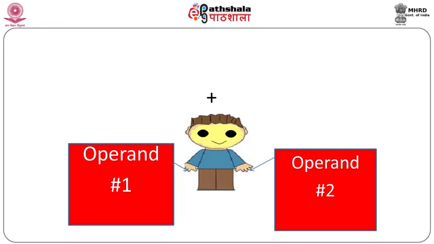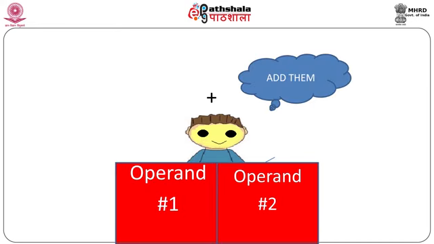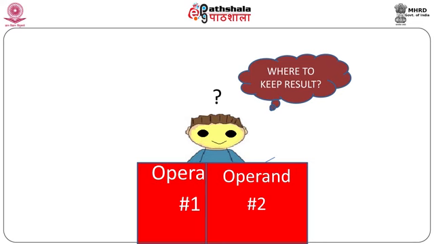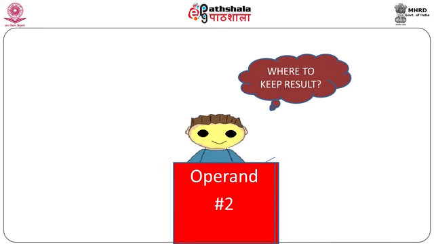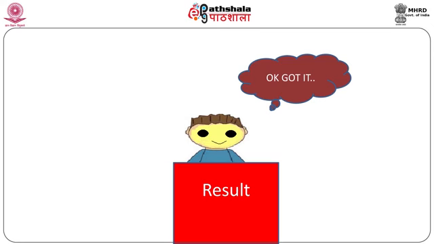Now he has decided on addition for these two operands. Then the second problem: where to keep the result of this expression. Then he said, I got it, I will save the result by using some variable.